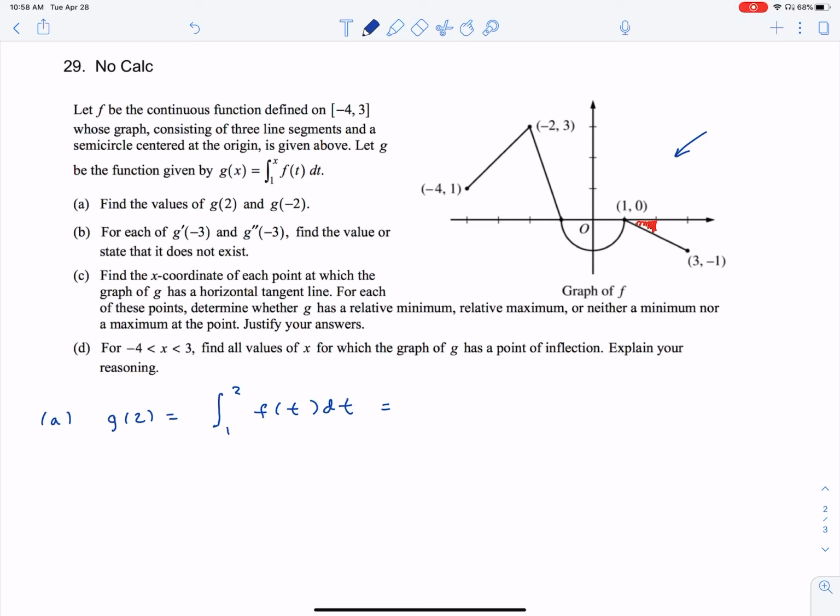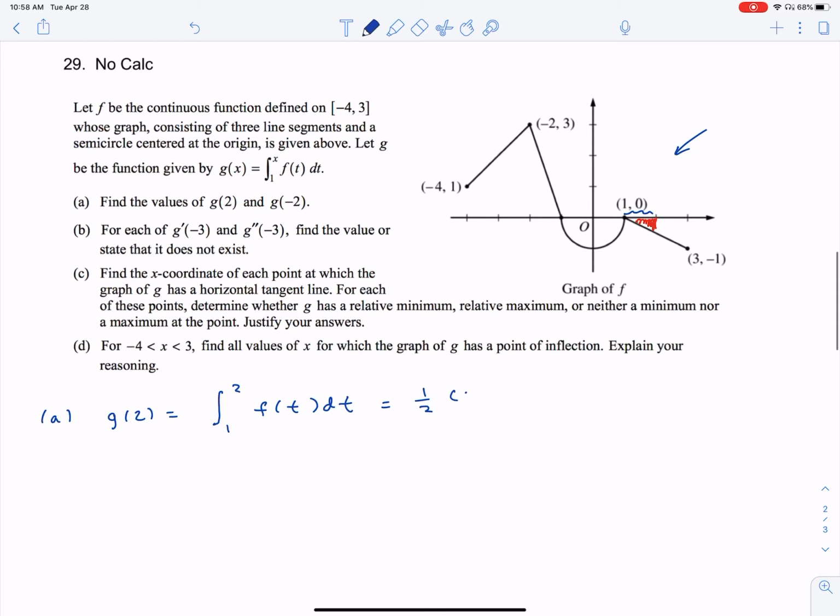One is I could just plug in my numbers. Since it's the area of a triangle, it's going to be 1/2 the base, which is the distance from here to here, which is 1, times the height, which is down, which is negative 1/2. So we end up getting this to be negative 1/4.